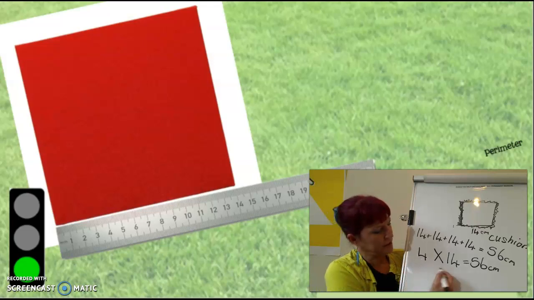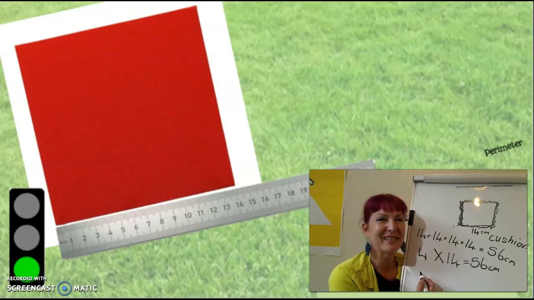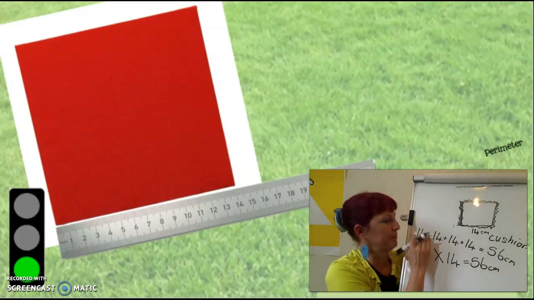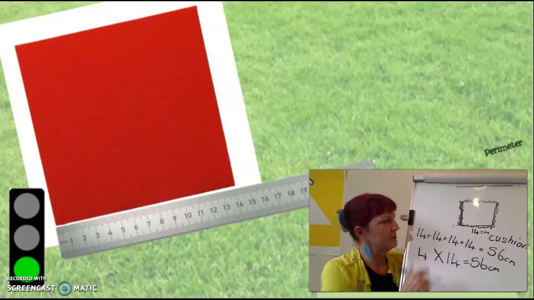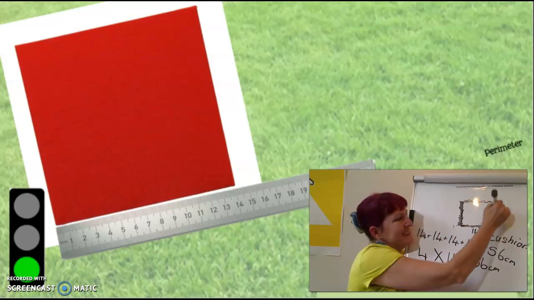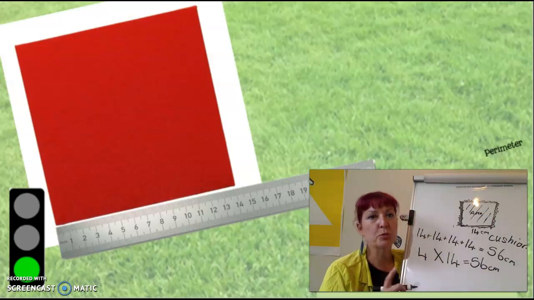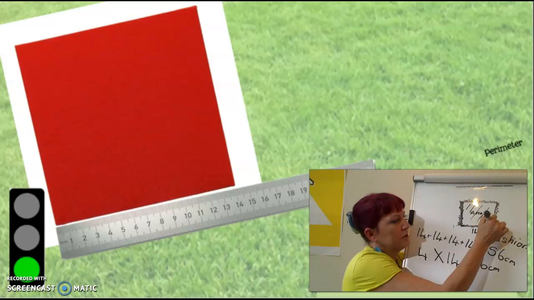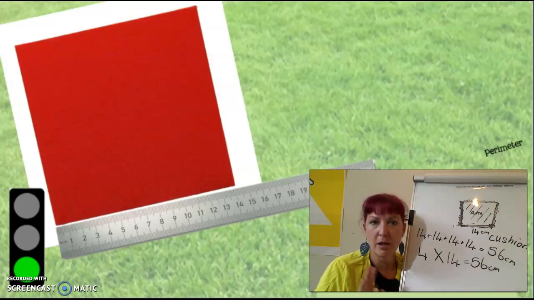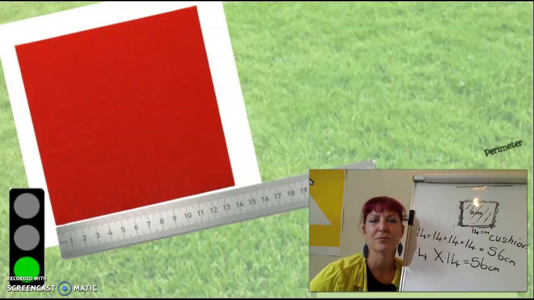The reason I don't really like using multiply when I'm doing perimeter, because I think of perimeter as plussing, is people get confused between perimeter, which is the outside, and area, which is the inside. And with area, you multiply or times 2 sides. You find a side and you times the 2 of them. But let's stick with perimeter. We'll do area in another video.